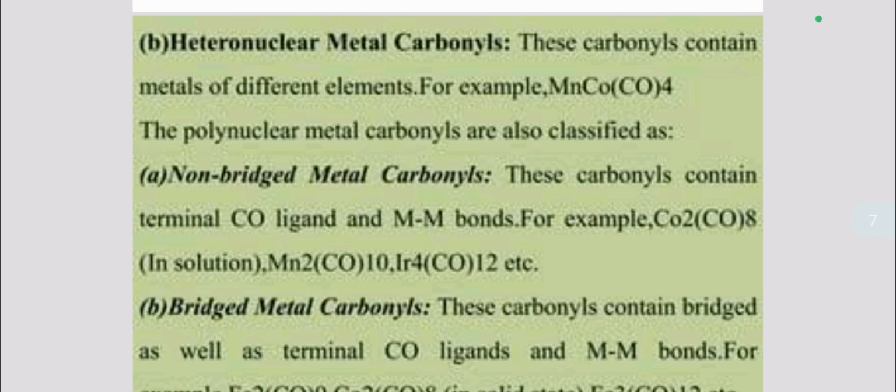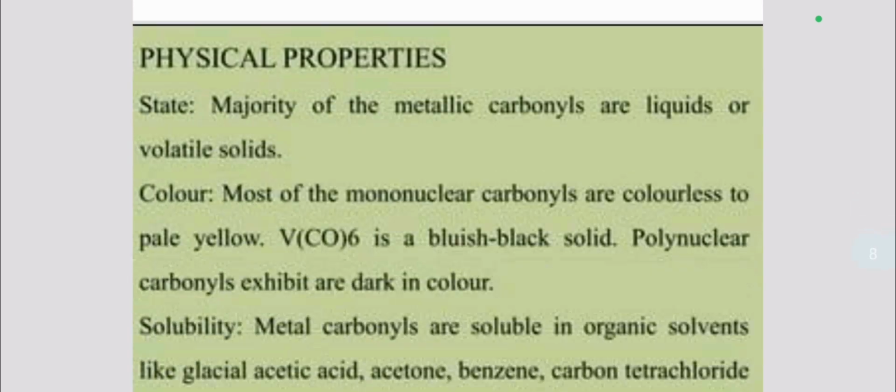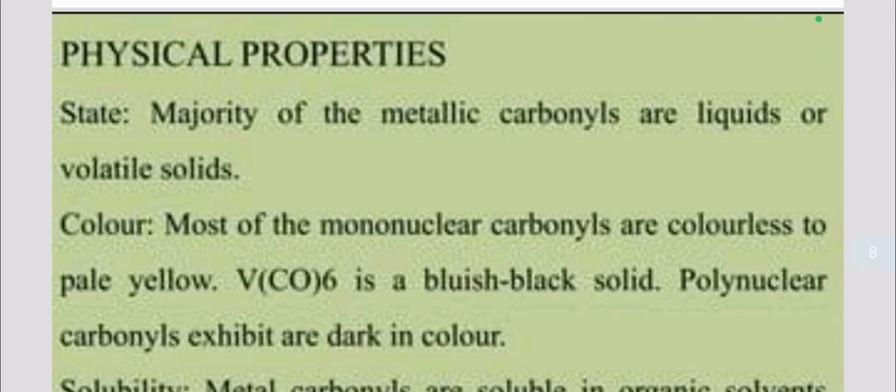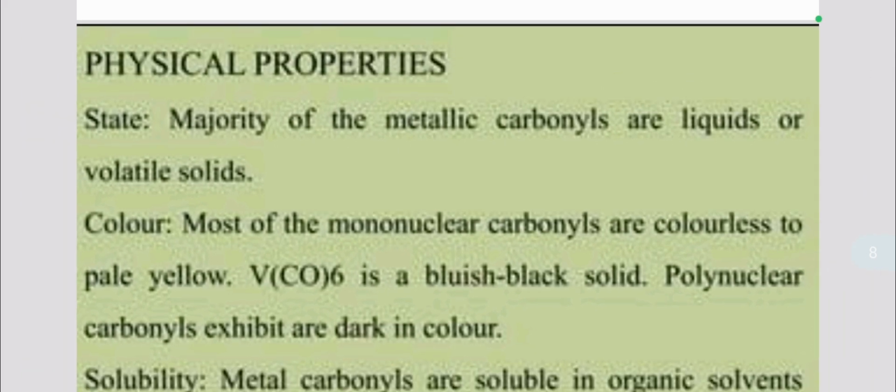Now we'll study the physical properties of the metal carbonyls. Here the properties are differentiated into state, color and solubility. State: most of the metal carbonyls are liquids and volatile solids, meaning they evaporate easily. Color depends upon the number of central metal atoms. If they are mononuclear carbonyls, they are colorless to pale yellow.